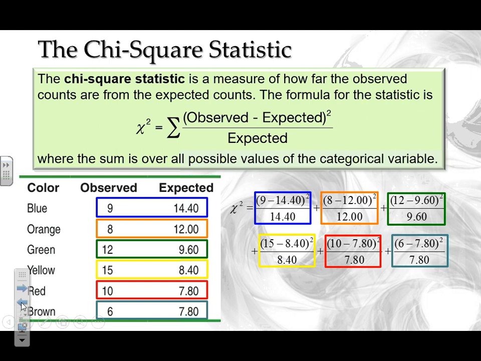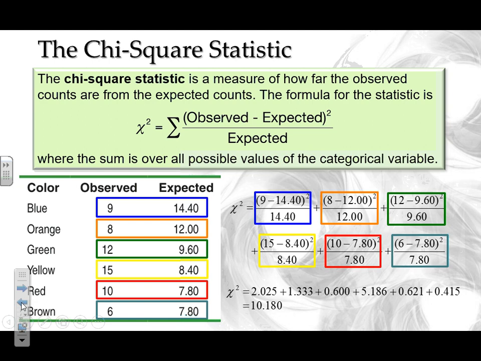And then from here, you simply plug everything in your calculator. Now, you could try to do this all at once. So you could do one real long expression in your calculator. I would recommend that you do it piece by piece. So calculate the value for blue, 2.025.